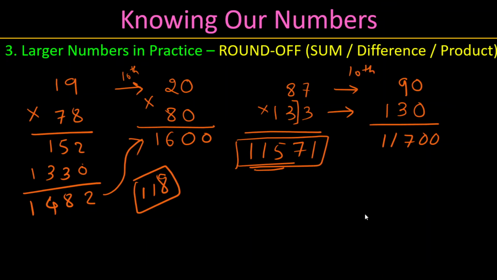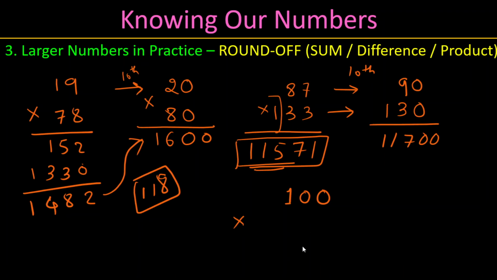Let's do the same thing with respect to the 100 position. In the 100 position, there is no number, there is nothing there. So 87 is more than 50. Agree. So put the 00 and add 100. We have to add 100. And in the 100 here, 33 is less than 50. Yes, make it 00.